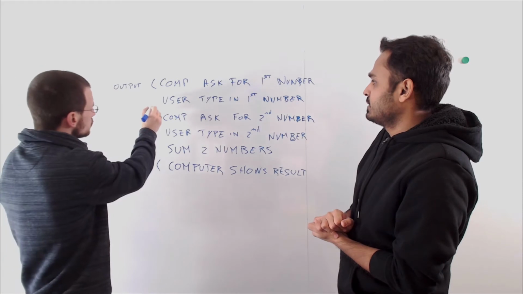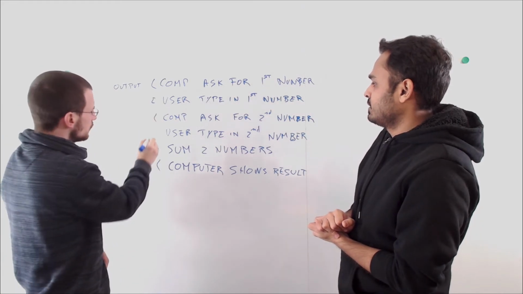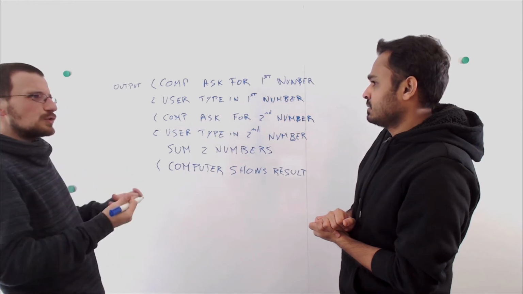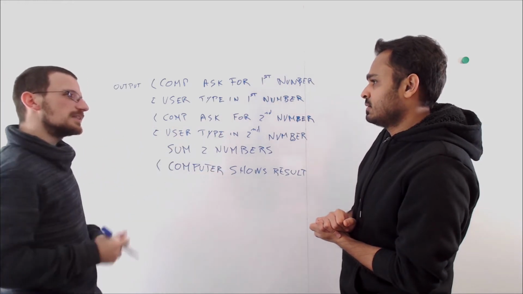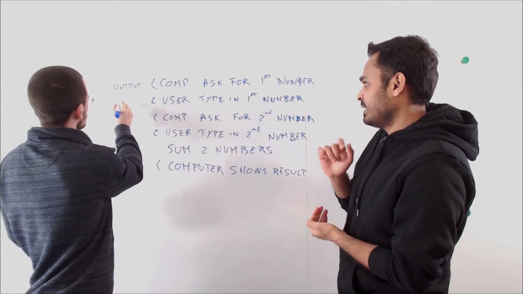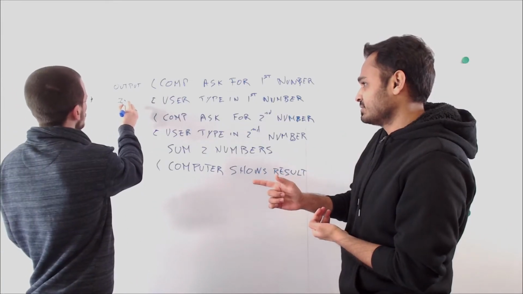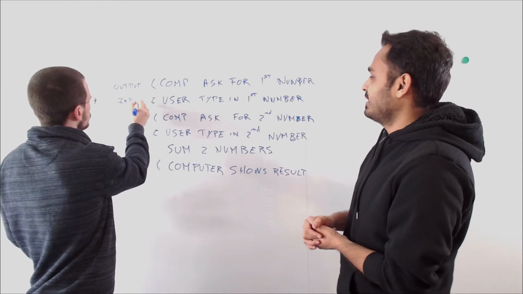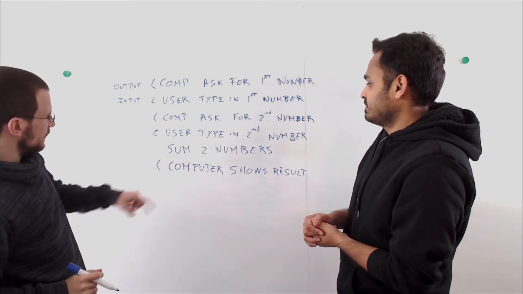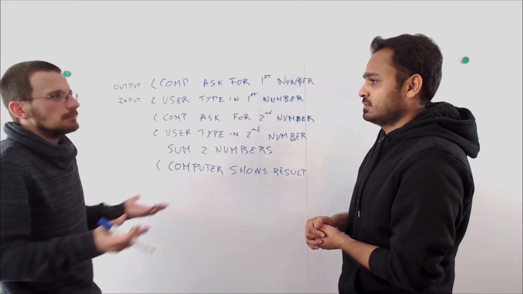And then here, we have inputs. We have the user giving something, typing in something for the computer. And let me guess, you mean input? Input, yeah. And the final pattern that we have here, it's like in mathematics.